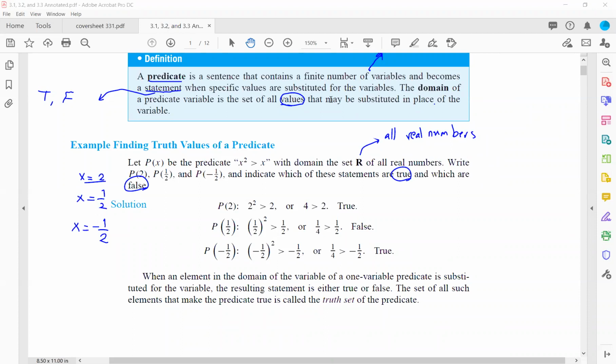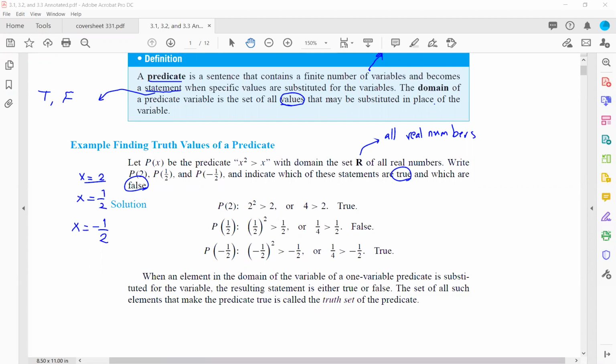Perfect. So we have a statement, x squared is greater than x. P of 2 says 2 squared is greater than 2, or 4 is greater than 2. So obviously it is always true. Next one, P of a half. A half squared is greater than a half, or a fourth is greater than a half.